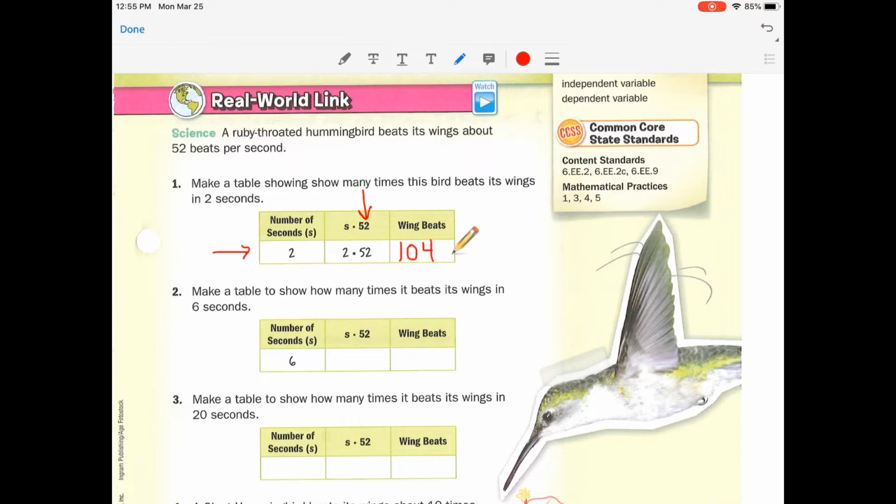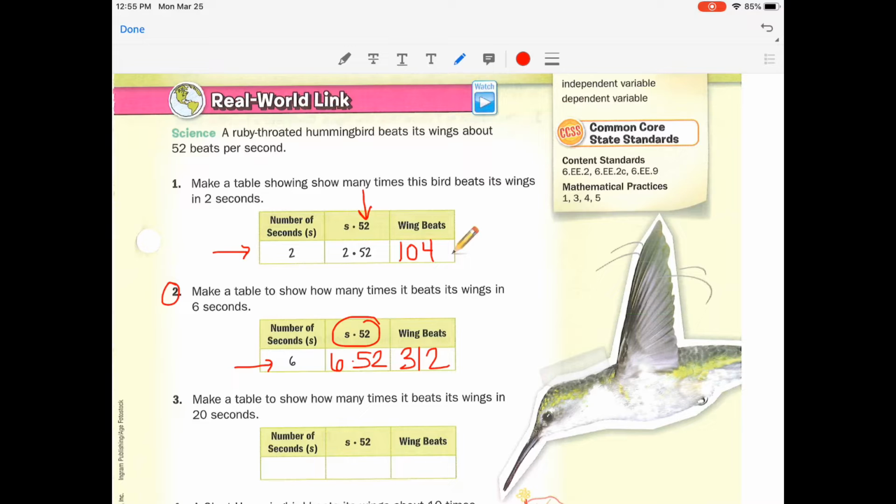So now let's take a look at number 2. It says make a table to show how many times it does it in 6 seconds. So we're going to take 6, and you should be doing this with me, times 52. And 6 times 52 is 312. Notice that I am following this rule that is right there. All right, let's take a look at number 3.